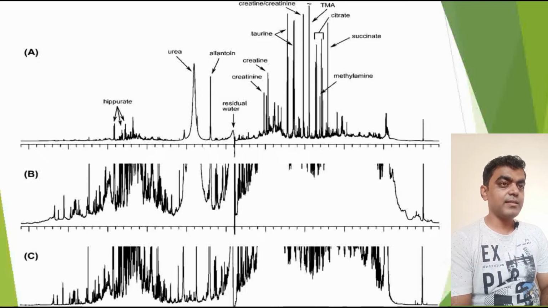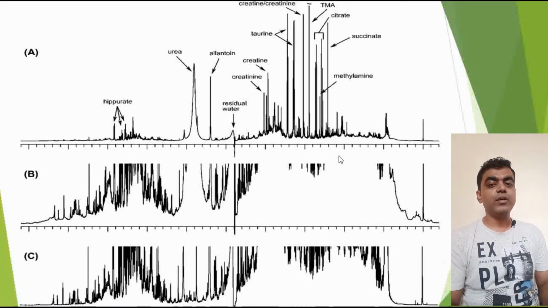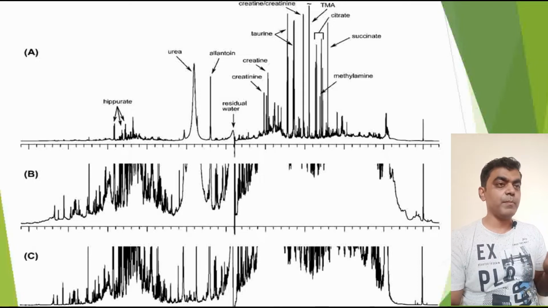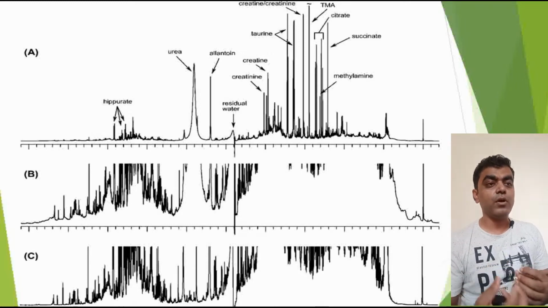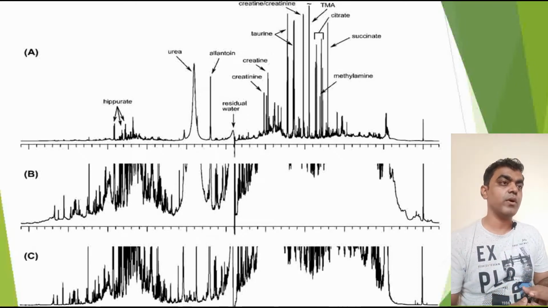In spite of this crowding in 1D NMR, it is very difficult to decipher exactly. Even if it is a pure structure it may be difficult if it is a complex one, and if it is not a pure substance, it will be much more complicated.